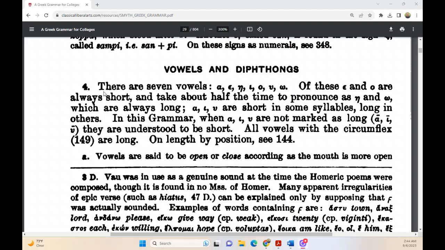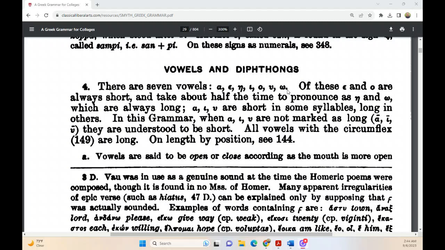But we learn here there are 7 vowels, and the vowels are alpha, epsilon, eta, iota, omicron, upsilon, and omega. These are the 7 Greek vowels. Alpha, epsilon, eta, iota, omicron, upsilon, and omega.